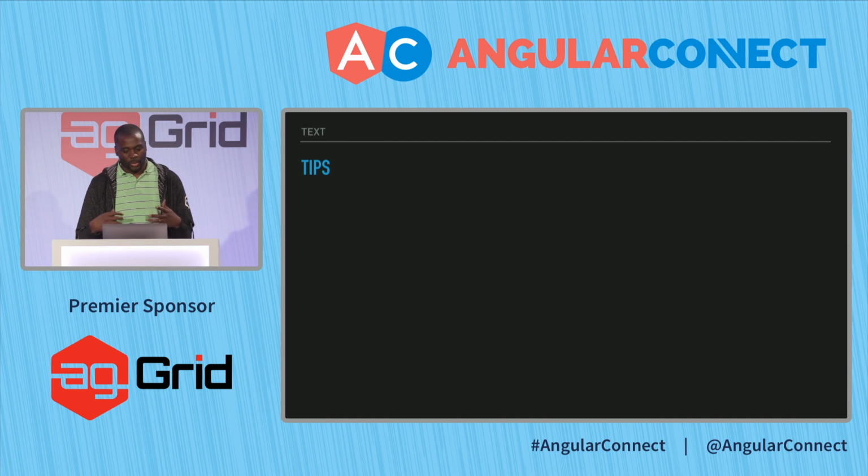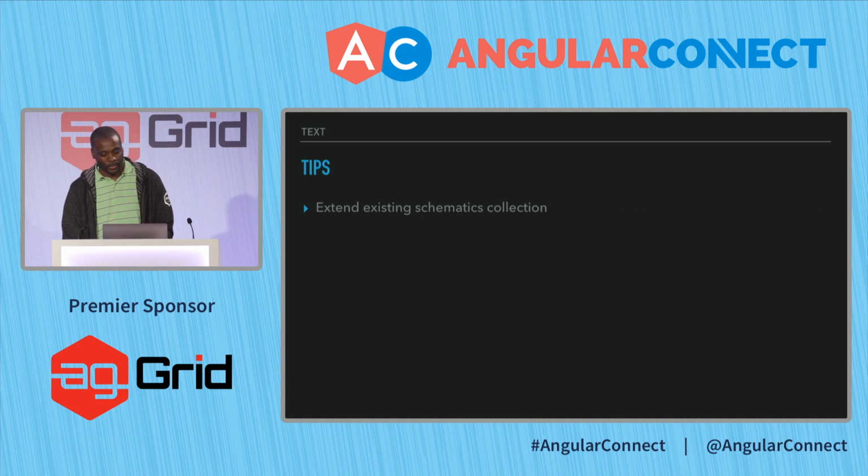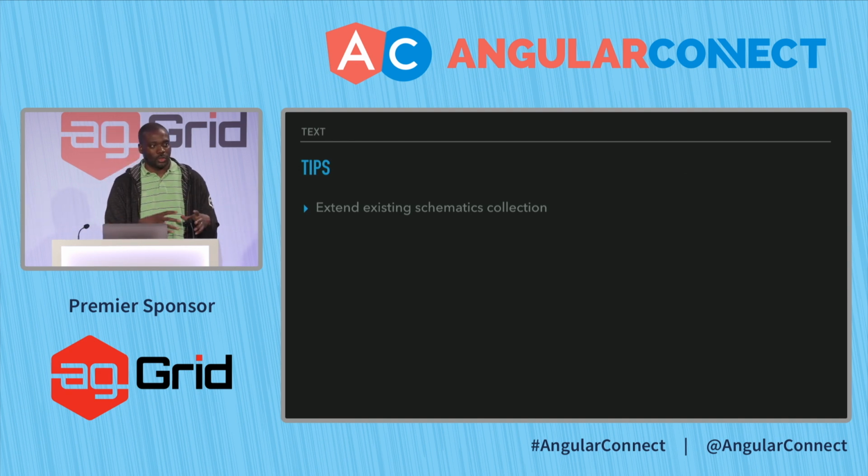Also, if you're writing schematics or providing a set of them for developers, here are a few tips. Extending the Angular Schematics collection is a way you can extend multiple collections that give you a standard set that you can fall back to if you want to set your schematics as a default and then have those be the fallback.